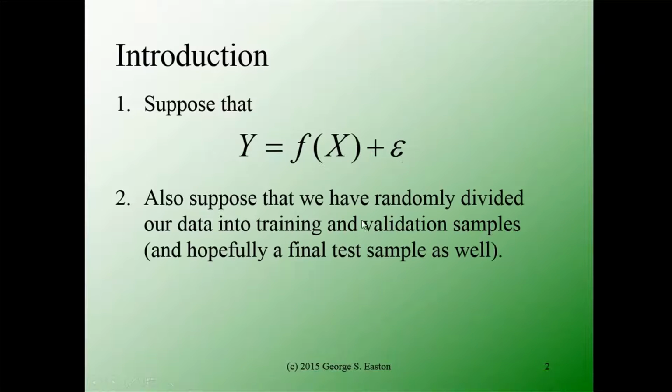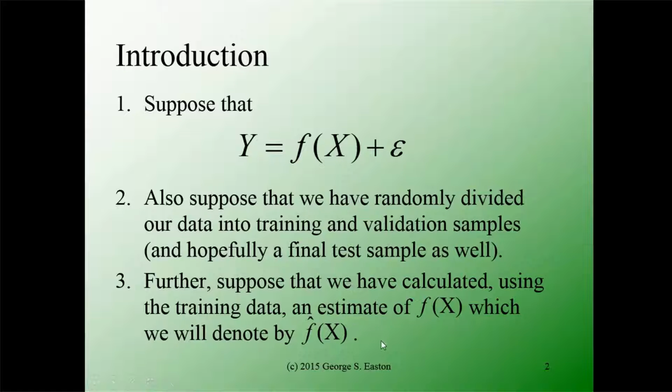Now let's also suppose that we have randomly divided our data into at least training and validation samples, and ideally we would have also included a final test sample as well. And finally, suppose that we have calculated on the training data an estimate of this nonlinear function f of x, which we are going to denote by f hat of x.